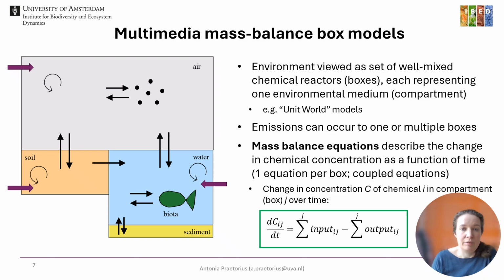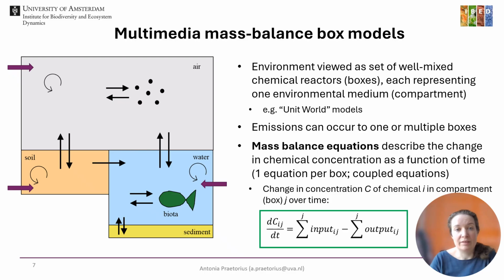And then once we decide on which kind of compartments we want to have in our model, we then set up one mass balance equation for each of the boxes in our model. Mass balance like the one that I introduced on the previous slide. We end up with one equation for each of the boxes, so each compartment in our model.